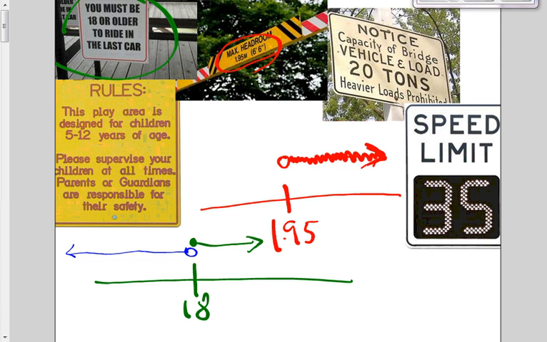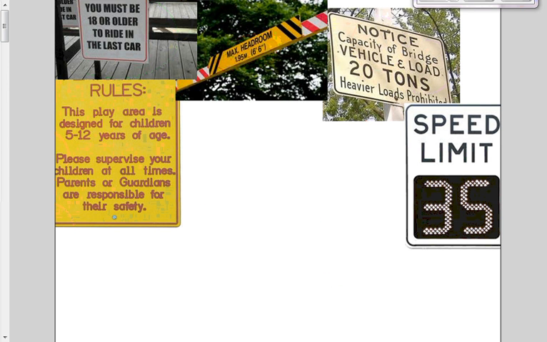All right, the last one we want to take a look at is an interesting one for the playgrounds. And notice in this particular sign, the age has to be between 5 and 12. So the age of a person has to be greater than 5, but they could also be equal to 5.